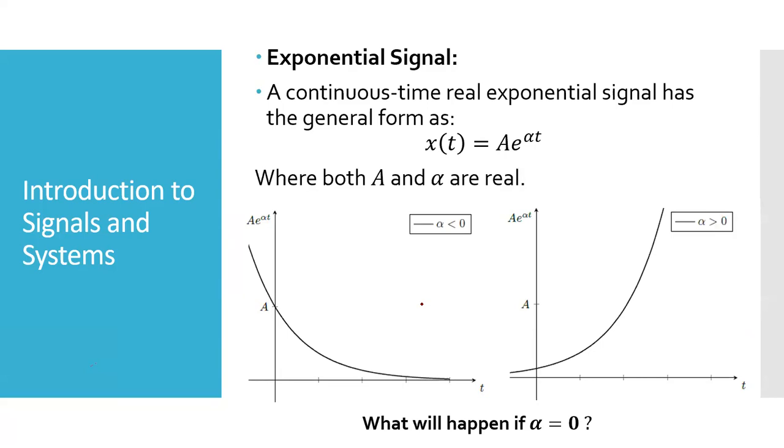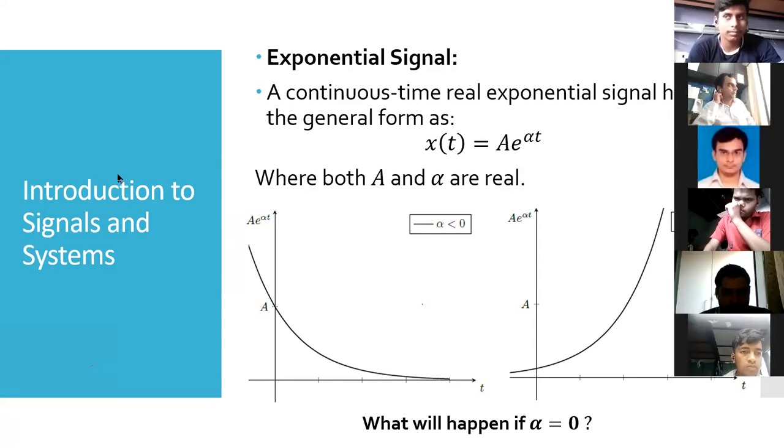One question. What will happen if alpha is equal to 0? Can somebody tell me what will happen if alpha is equal to 0?